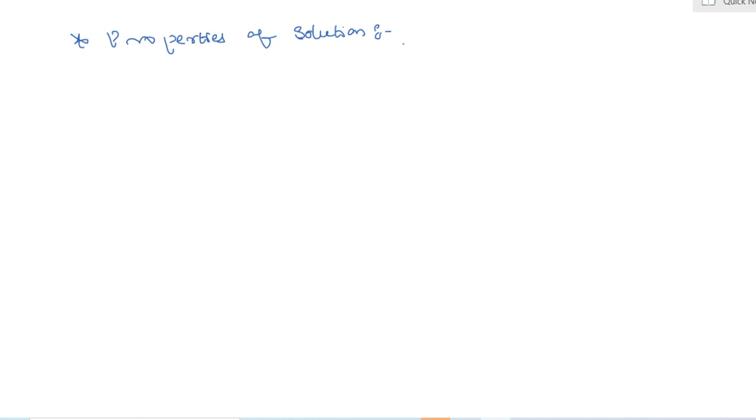Third one, due to very small particles, they do not scatter a beam of light passing through the solution. So the path of light is not visible in a solution. Why? Because, my dear students, the particles are very small and they do not scatter a beam of light in a solution. And the last property, a solution is stable.